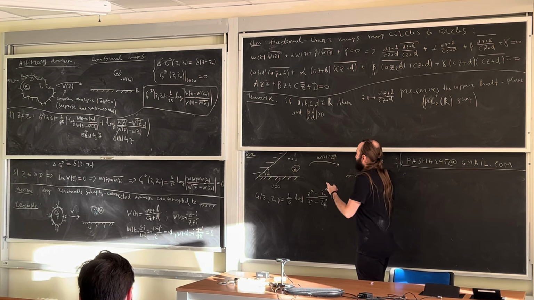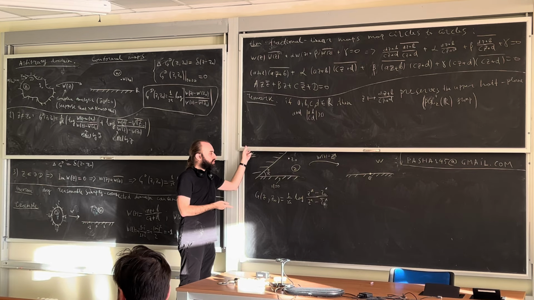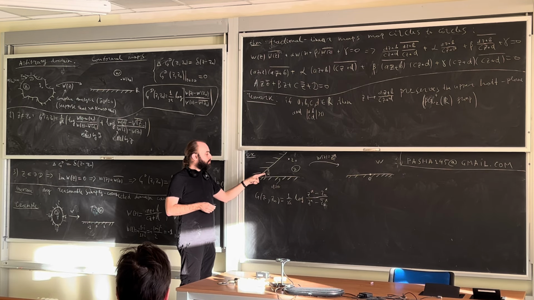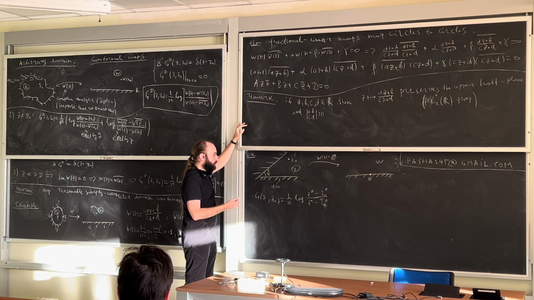So a is 0, and we have this formula. But let us compare this formula with another method for some special value of a. For example, let us take a equal to 2.